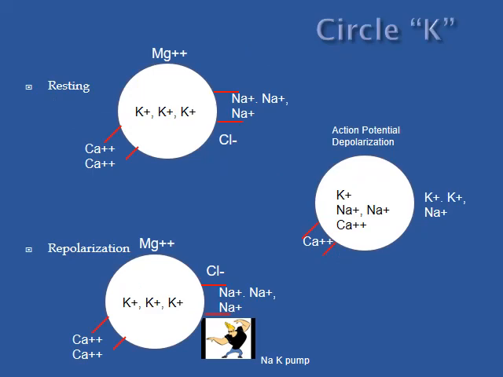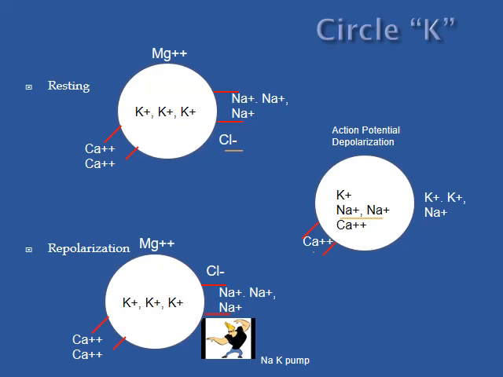We start out this phase in the resting potential state. Mother Magnesium's controlling the activity. The potassium's on the inside, the sodium's on the outside, and so is calcium. When it's time for the action to start going, Clyde lets sodium move into the cells.